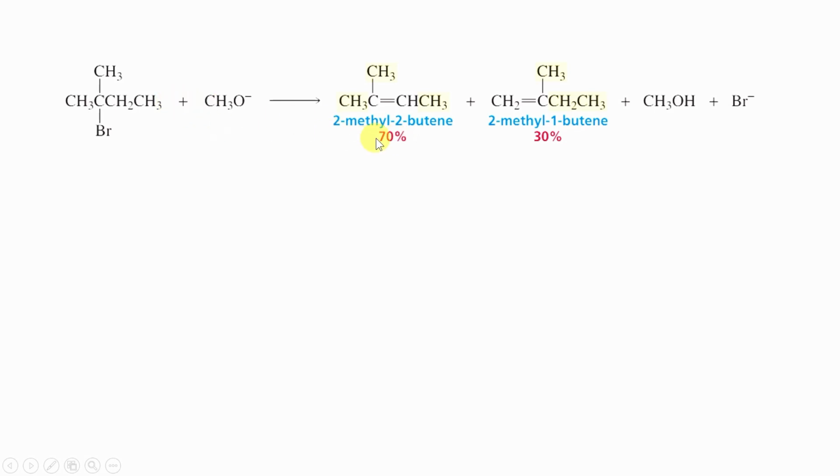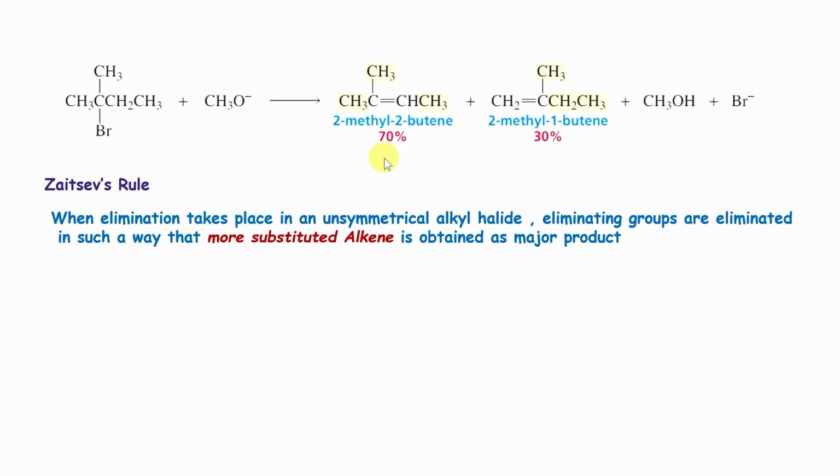See, the formation of the more substituted alkene as the major product is governed by an important rule which is called the Zaytsev rule. You know, Zaytsev rule. What is Zaytsev rule? According to Zaytsev rule, when elimination takes place in an unsymmetrical alkyl halide, the eliminating groups are eliminated in such a way that the more substituted alkene is obtained as the major product. That is Zaytsev rule.